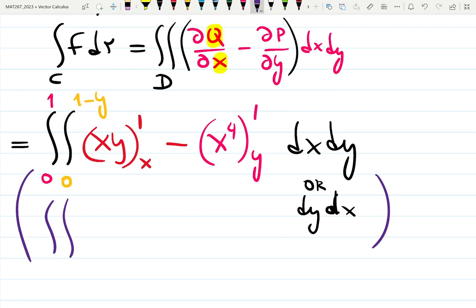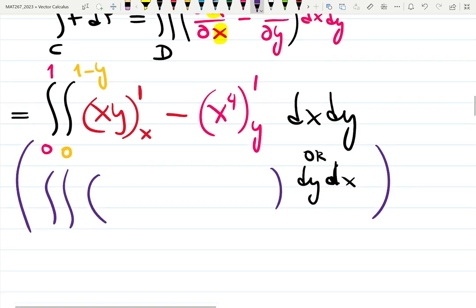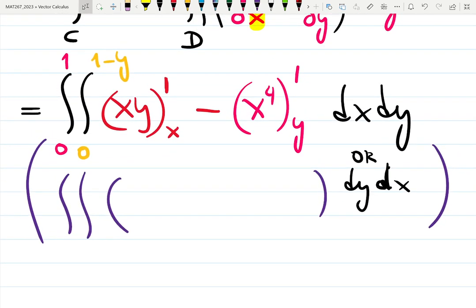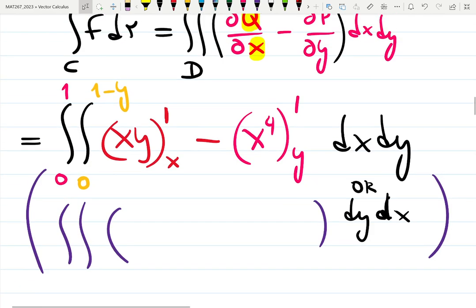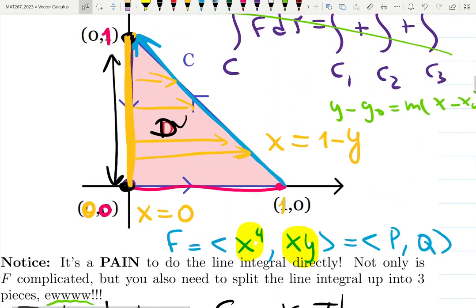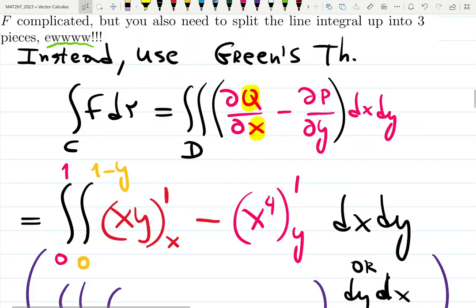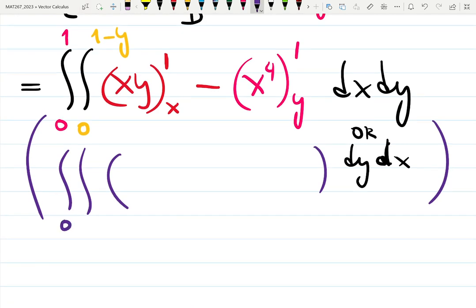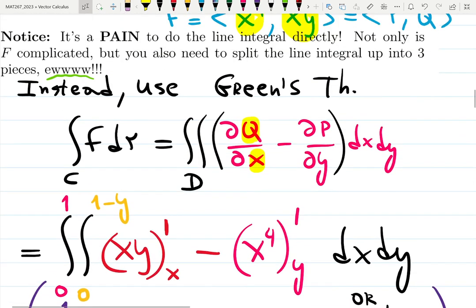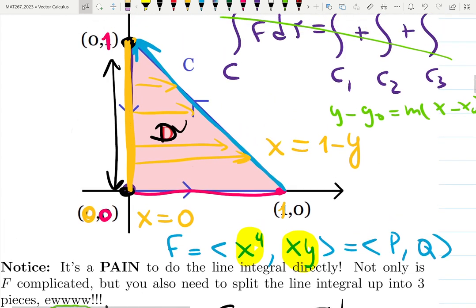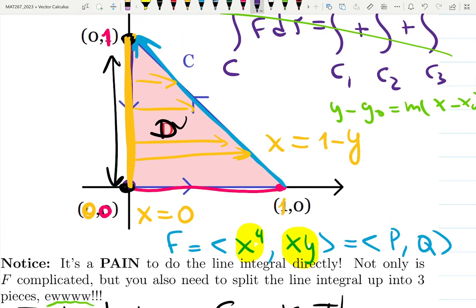Integral, this thing inside, I'm not going to rewrite it. If I want to change dy dx, now x outside is running from a number to a number. Well, x is running from 0 to 1. So it's going to be from 0 to 1 for x. But now y is running from a function to a function. And the function on the floor has a name. y equals, no, the floor, 0.